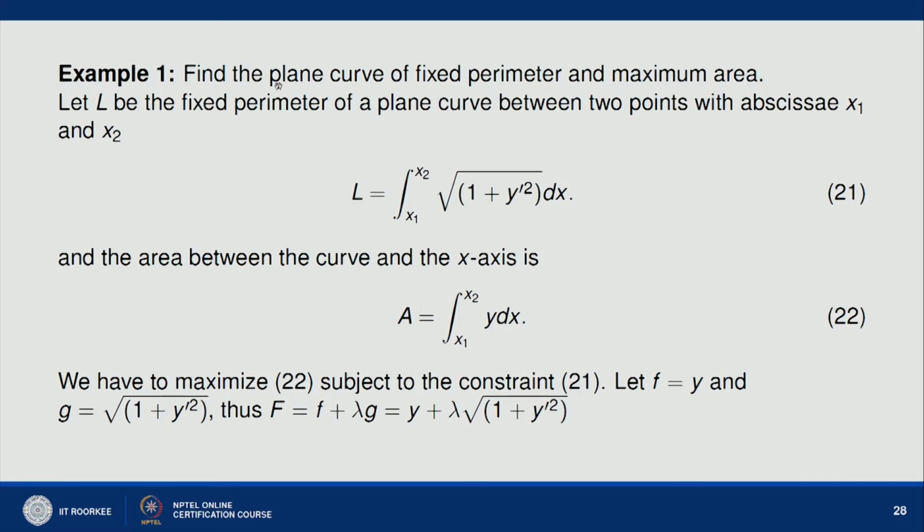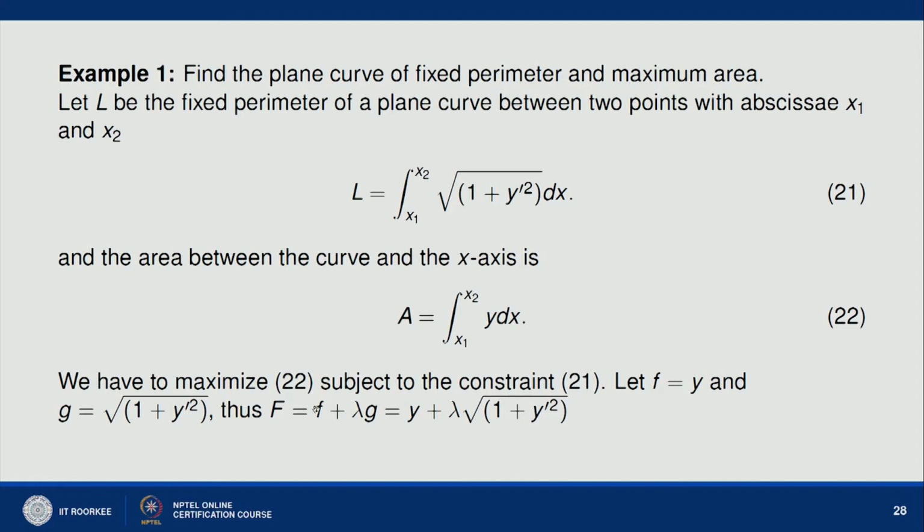We have a curve y bounded between the points x1 and x2, which has a fixed perimeter L, the integral from x1 to x2 of the square root of 1 plus y dash square dx, a constant value that we keep as L. The area between the curve and the x axis is A, the integral from x1 to x2 of y dx. The problem is to find a curve y for which the first functional is kept constant while it maximizes the functional A.